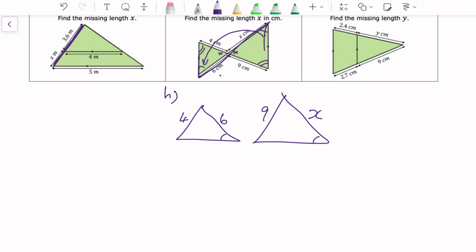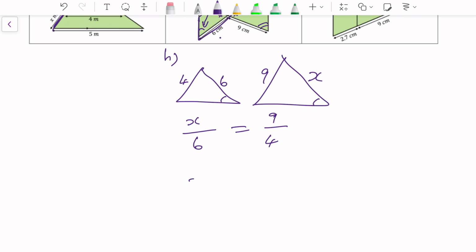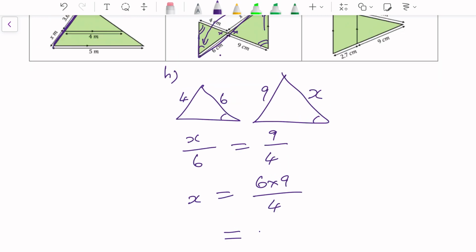Right, so there's our triangle, and we know these triangles are similar because all the angles are equal. So easy peasy, we just say x over 6 equals 9 over 4. Or we could have said x over 9 equals 6 over 4. Okay, you always have those two options. So in this case, x equals 6 times 9 divided by 4, and that gives you 13.5 centimeters.